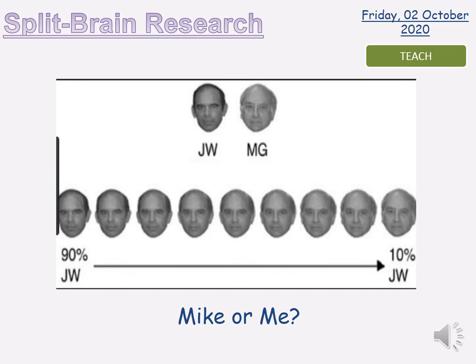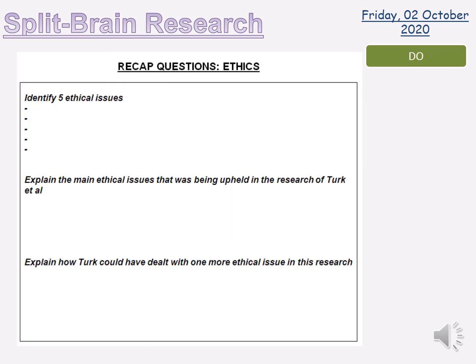Split brain experiments were performed to see which JW would recognise. Okay, what I would like you to do is consider the ethics of the study. What are 5 ethical issues in psychological studies in general? Explain the main ethical issues that were being upheld in this research by Turk et al. And then explain how Turk could have dealt with one more ethical issue in this research. Please pause the slide and attempt that question for me, please.